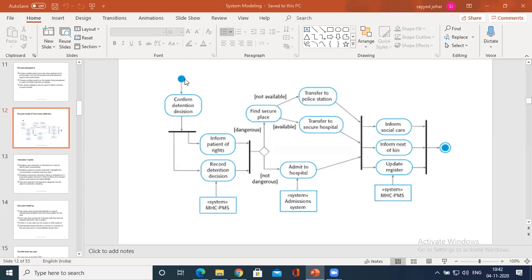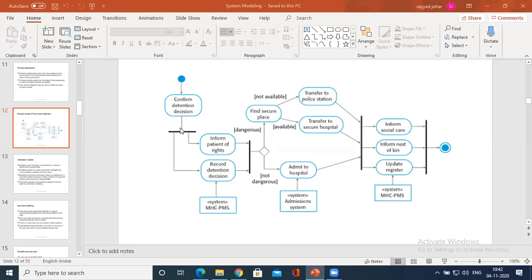What is this? This is a source. What is this? This is a target. The double circle is represented as a target. So in this diagram, if I ask you where the system will start, the system will start from the detention decision. This is a source. From here, the decision starts.